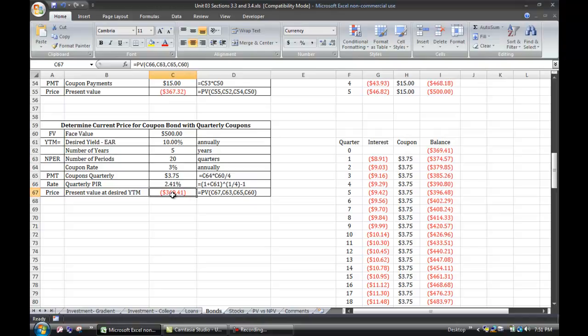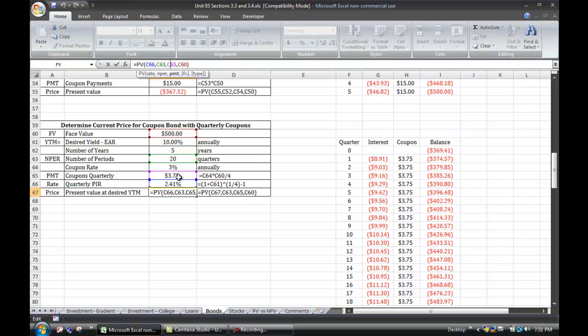Using that, then, we can find the present value. Again, we're dealing in quarters. C66 is the rate. Number of periods is the 20 quarters.